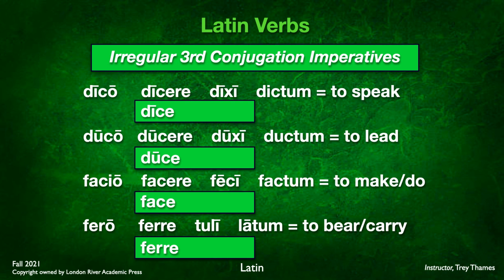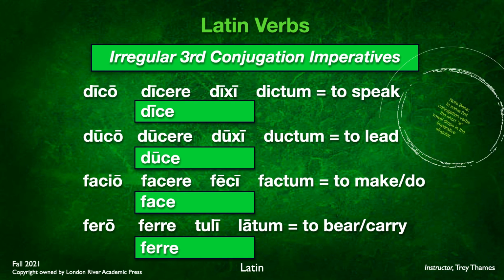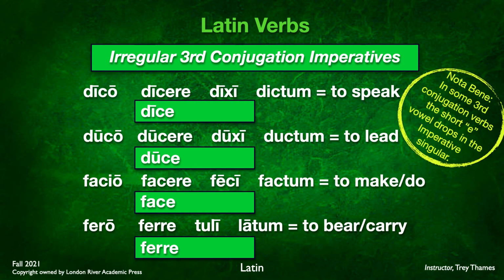But actually, the E drops off here on these, and we end up with dic. Here we go, there's the note: in third conjugation verbs, the short E vowel drops in the imperative singular, so we end up with dic, duc, fac, and fer. And that's the imperative singular. Now, the imperative plural has the same rule we've already had here. We change that connecting vowel to an I and add the TE.